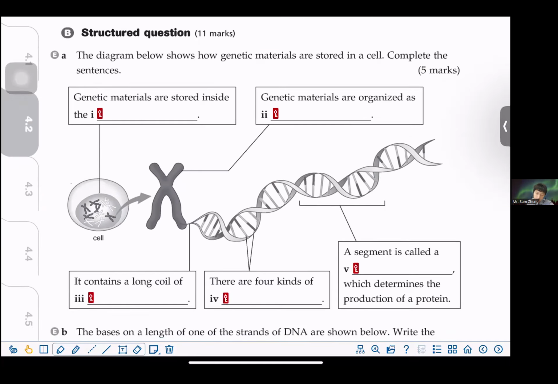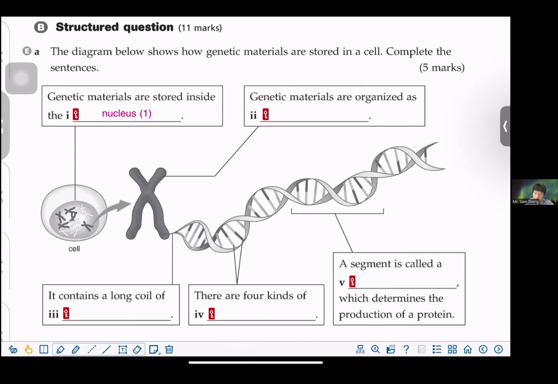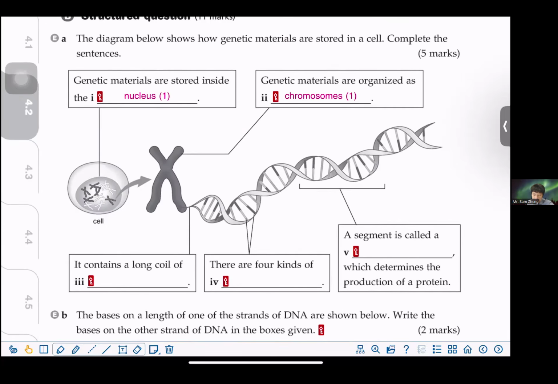So therefore, the genetic material is stored inside what we call the nucleus. And then the genetic materials are organized as what we call an X shape, and we call this X shape a chromosome. So next, this chromosome actually is made by a long coil of DNA.